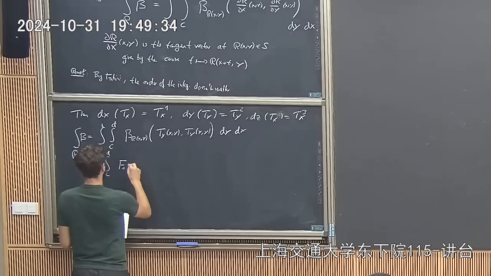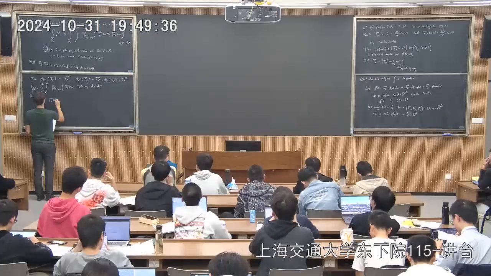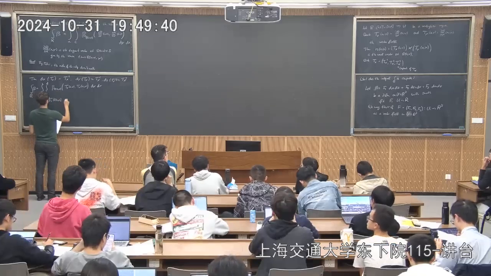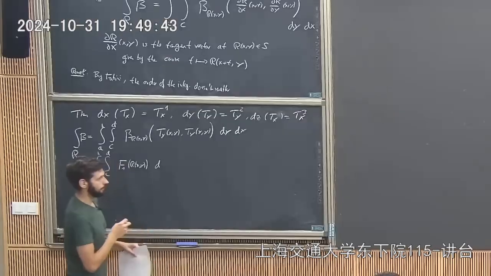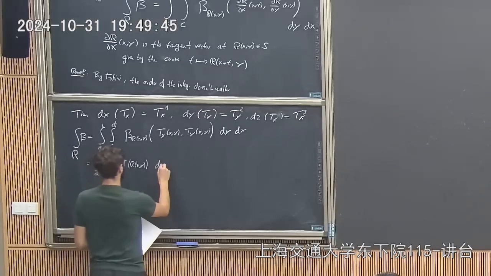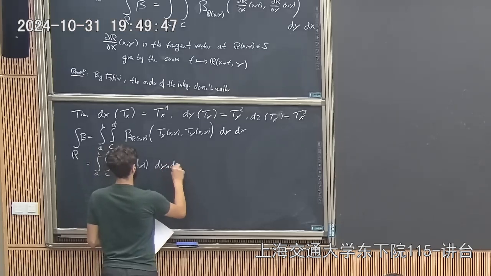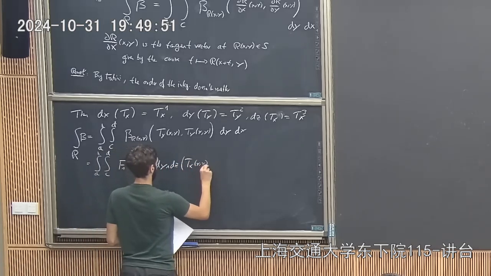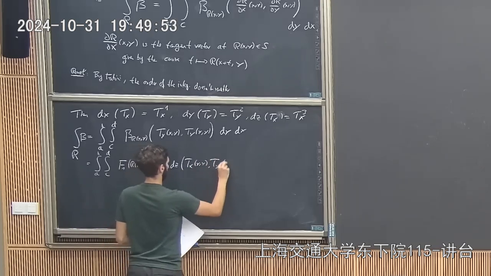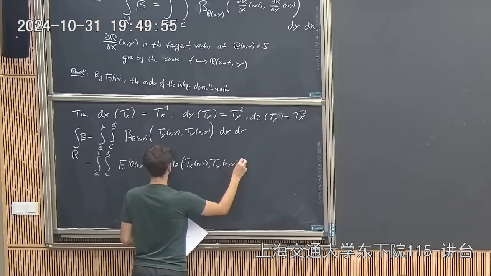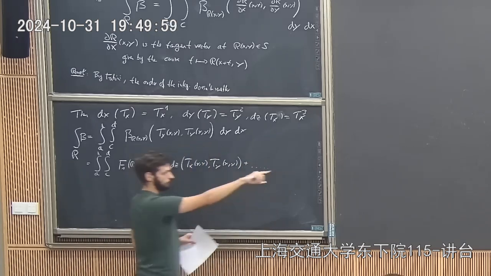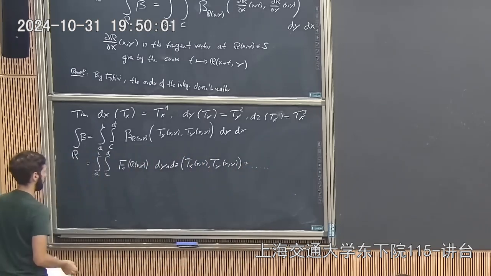So it's f1 evaluated at that point here. And now we have to put in dy dz, and dx of Tx, Ty, and then all of that other stuff comes in here.